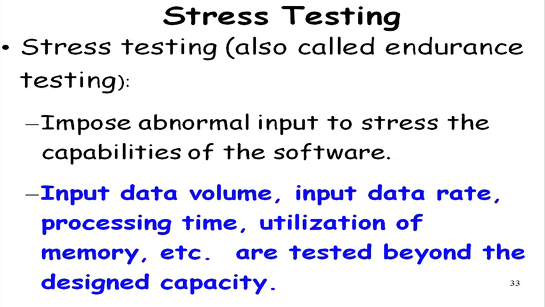If the SRS document specifies that the software could be used by 5 users satisfactorily, we check what happens when there are 6 users. Does the software crash or does it gracefully degrade? If it gracefully degrades with 6 users, then it is okay, it passes the stress test, but if it crashes, then it is not correct.